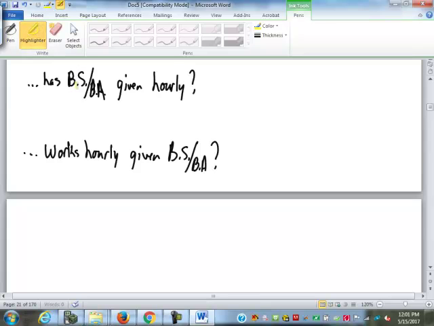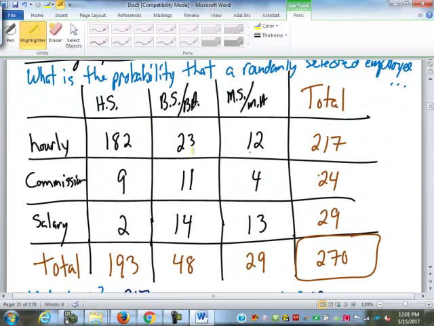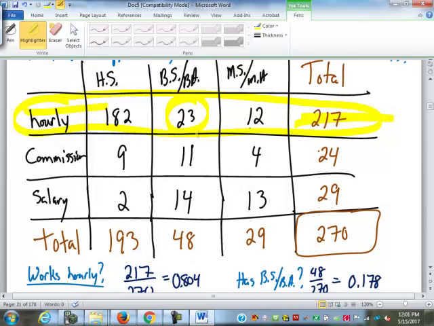So the top one here, given that they work hourly, what that means is we're not looking at the whole group anymore. We are only looking at the group that works hourly. How many of them have a bachelor's degree? Well, 23 out of the 217.